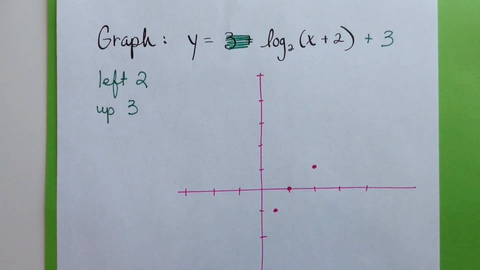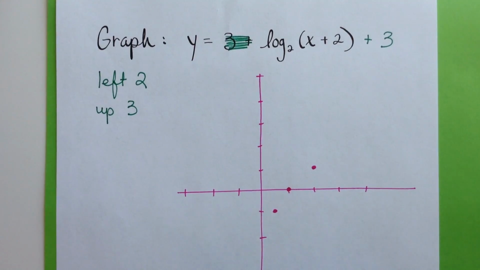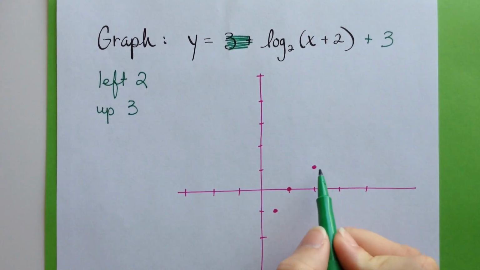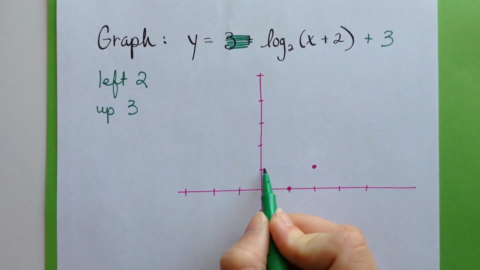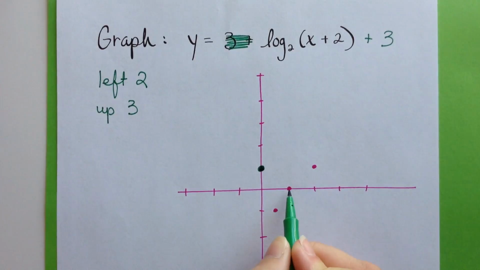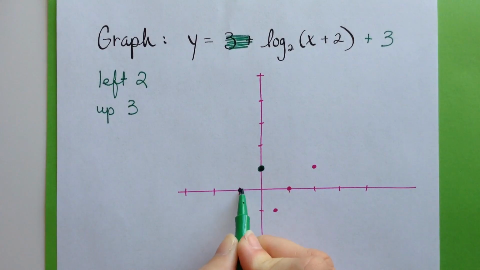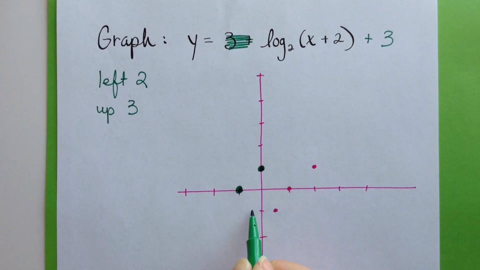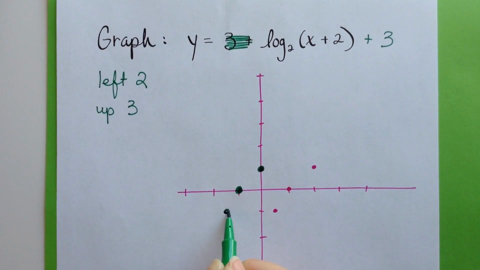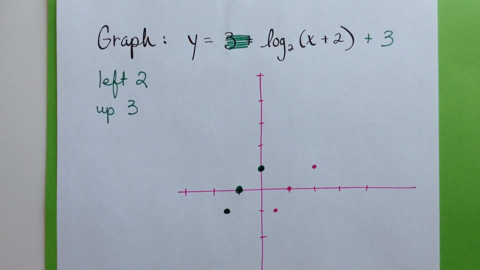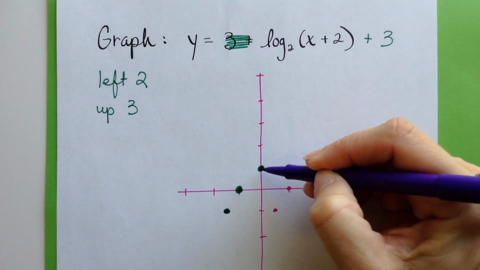And I'm going to transform those 3 points. Okay, so first of all, I need to go to the left 2. So taking this point left 2, and now this one left 2, and now this one left 2. And then last, each one of those will need to be shifted up 3.